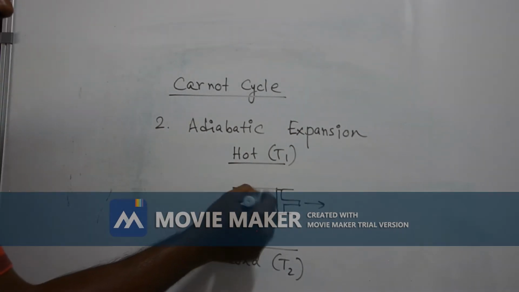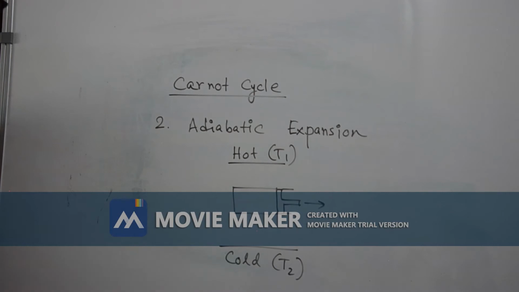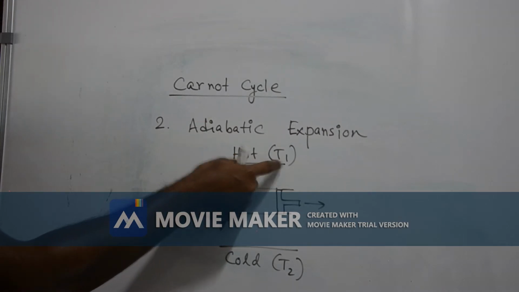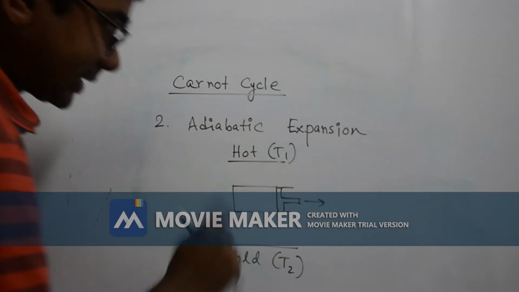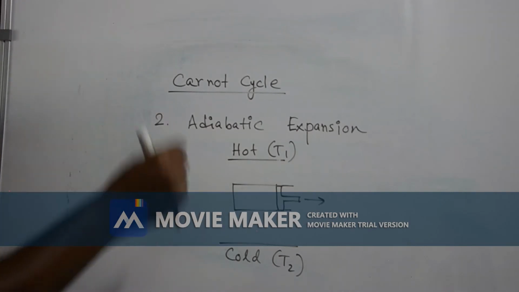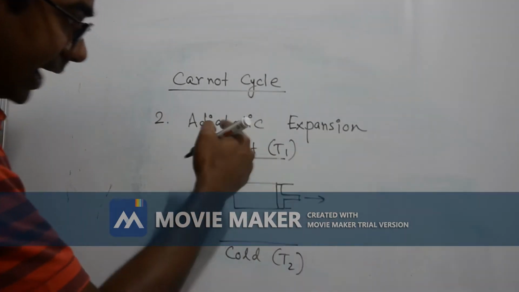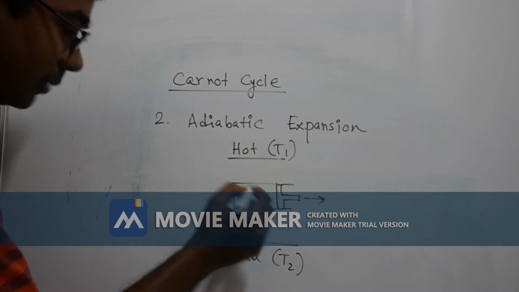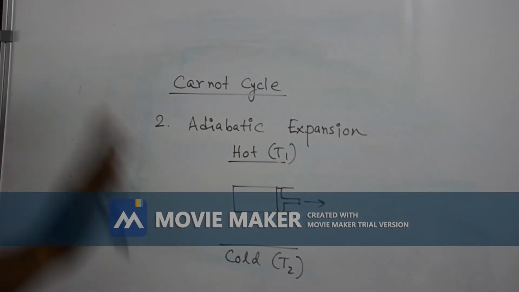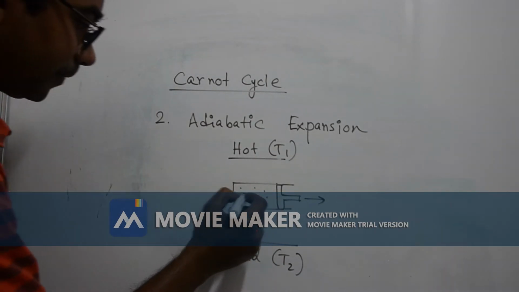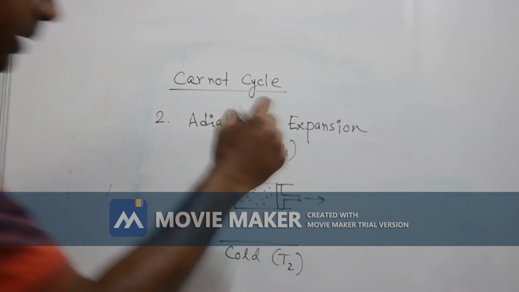So the temperature of the system will go down, as expected, because it's expanding adiabatically. The temperature of the gas cannot remain at T1. So the gas is expanding and we allow it to cool down to a temperature T2. Slowly, as it expands adiabatically, the temperature of the system comes down from T1 to T2, and as soon as it reaches T2 we stop. Clear? So that's the adiabatic expansion.